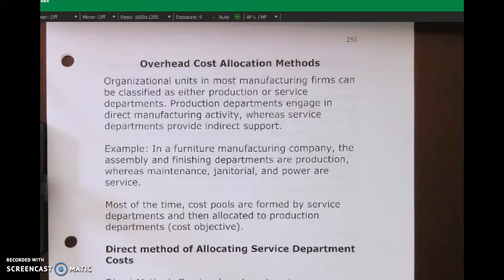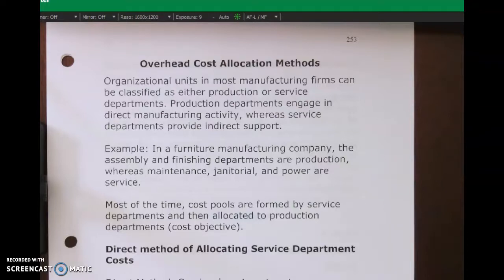Even though the janitorial department may clean the offices of human resources personnel, the janitorial department would not allocate its costs. That would be service to service. But what we're talking about is the direct method, where we're only talking about service departments allocating their costs to production departments.